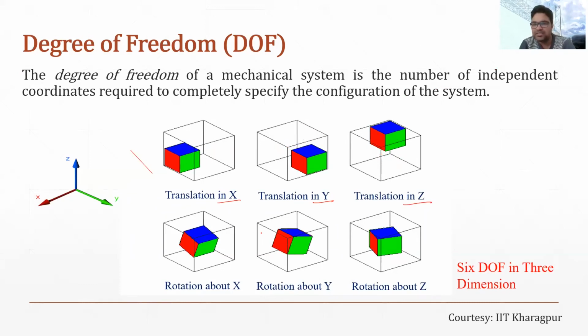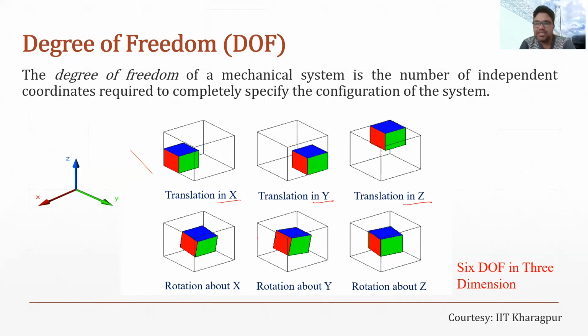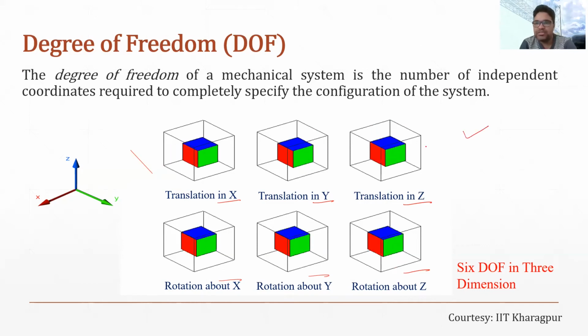That is the translation because of the force. And rotation: at the same time, the body can also rotate about the x-axis, about the y-axis, and about the z-axis. So these are the possible movements in a structural system. Basically, our aim is to restrict these movements. Now, this is the three-dimensional system where I am showing these 6 movements.